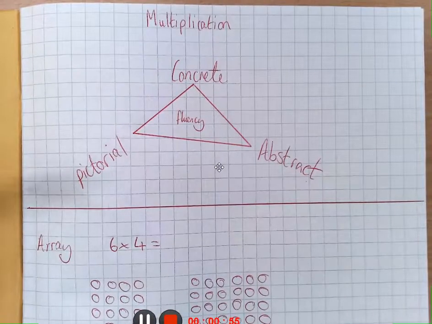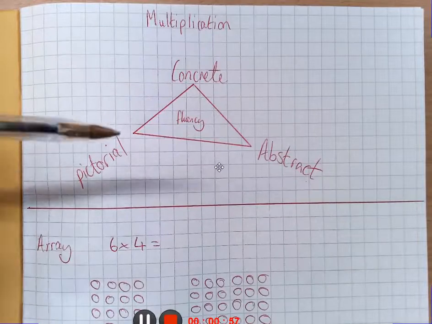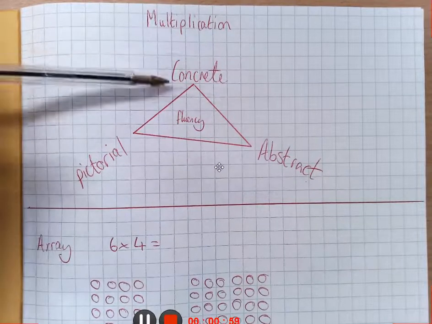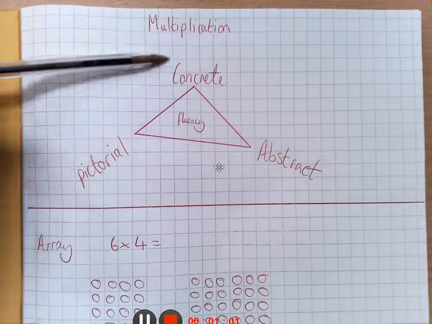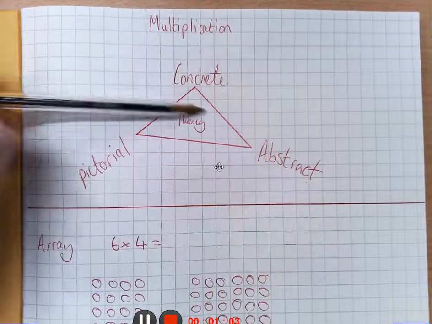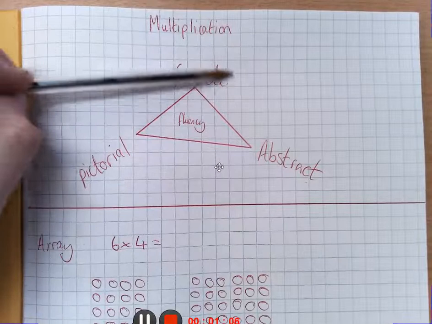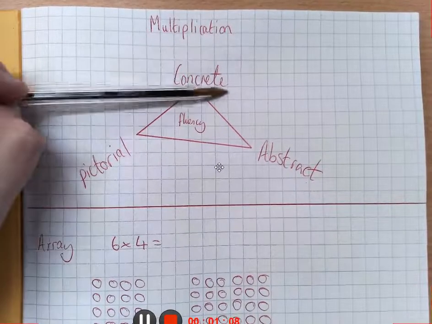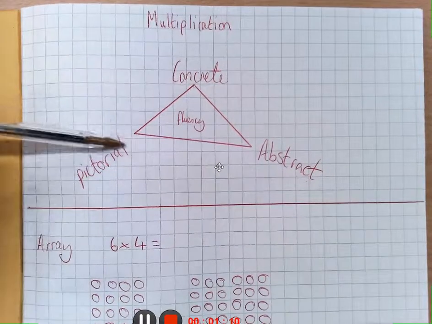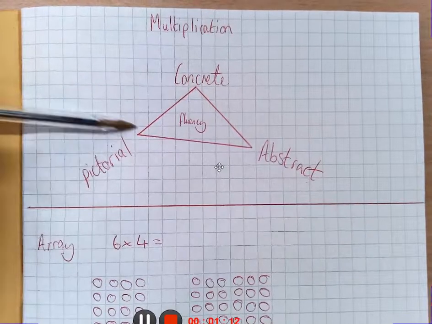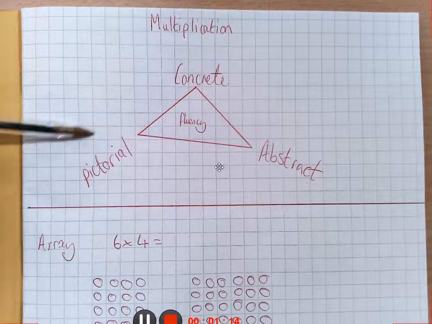However, at the moment, we follow the mastery approach of mathematics, and the idea is that a child who uses concrete resources, so things that they can feel and touch, gains a really good understanding of concepts, which then falls into their use of pictorial mathematics.